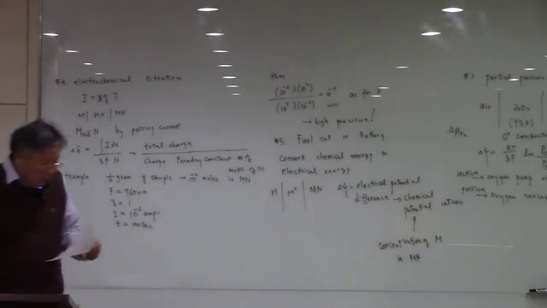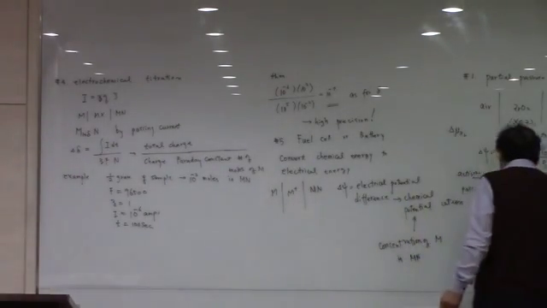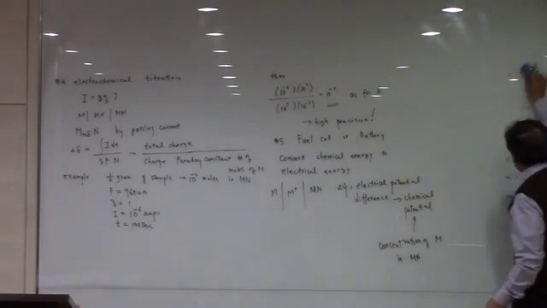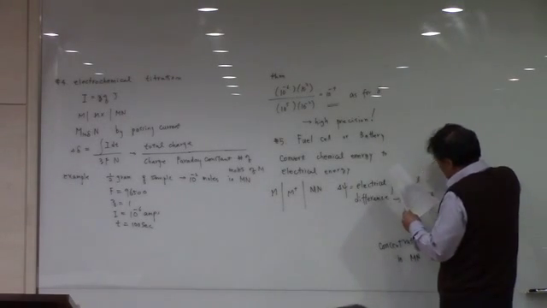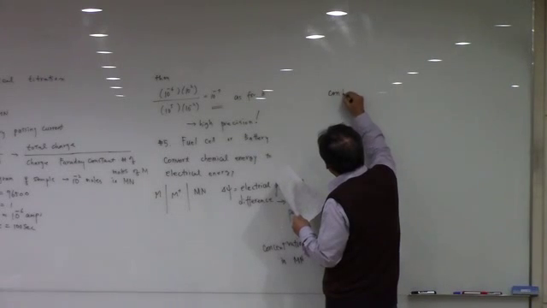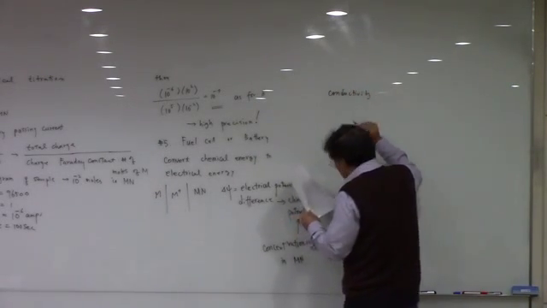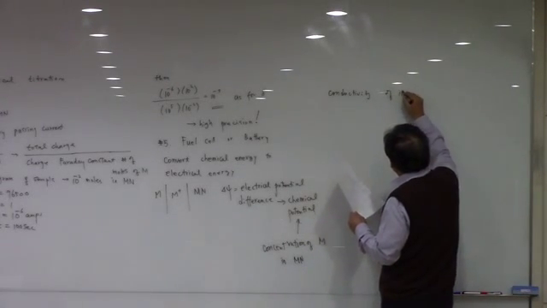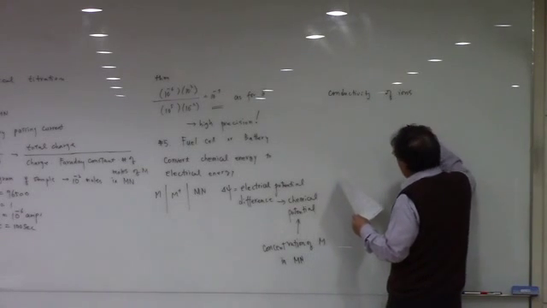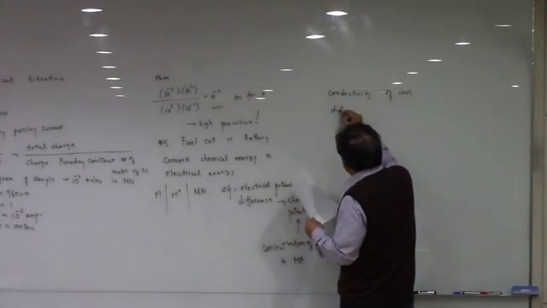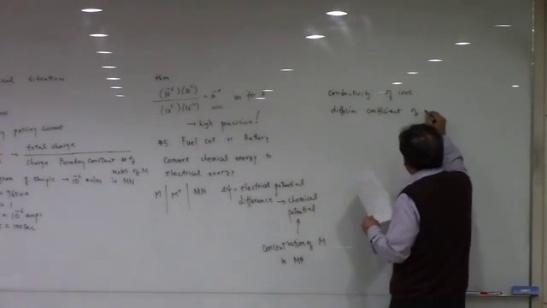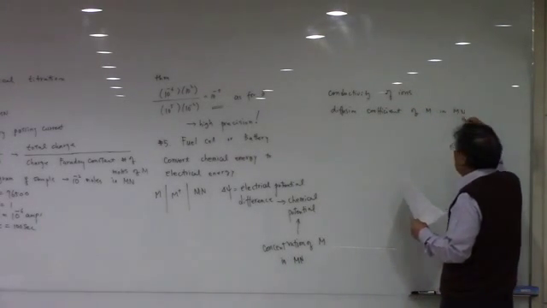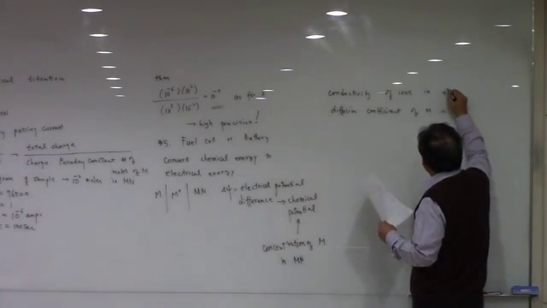So in these fuel cell or battery systems, the conductivity of ions or the diffusion coefficient of M in MN, okay, in the electrolyte.